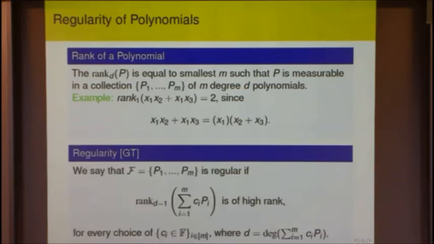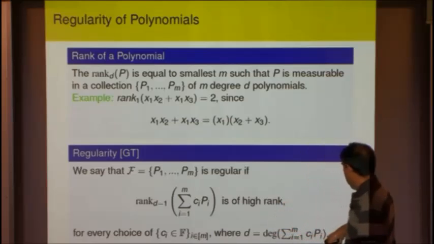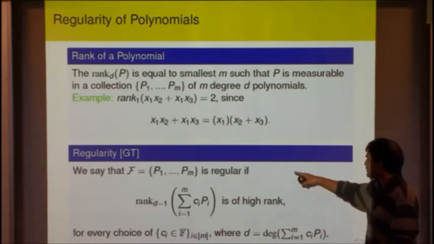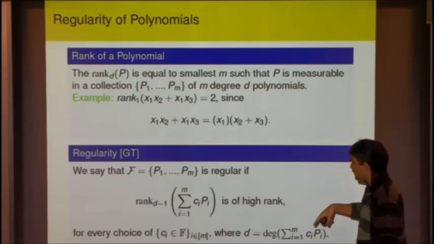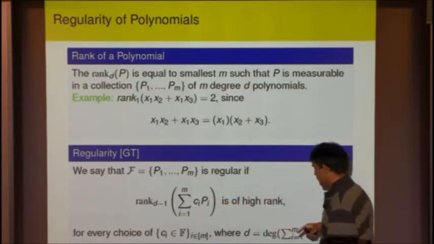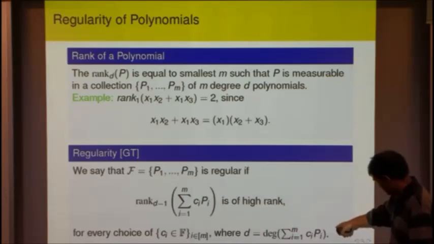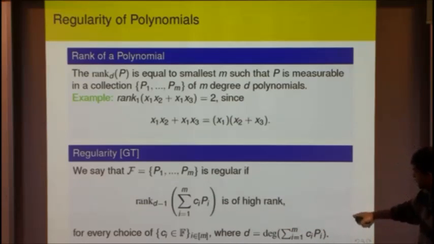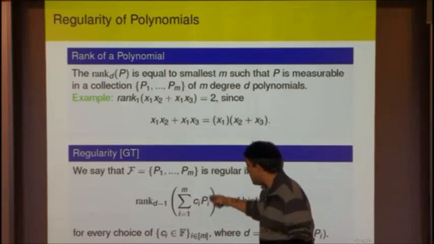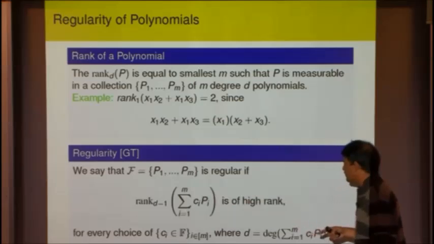Okay. And the notion of regularity, which was introduced by Green and Tau, is that we say a polynomial factor is regular if for any C1 through Cm, if d is the degree of the linear combination C1 P1 plus C2 P2 through Cm Pm, then we want the rank of this linear combination with respect to d minus 1 to be high.